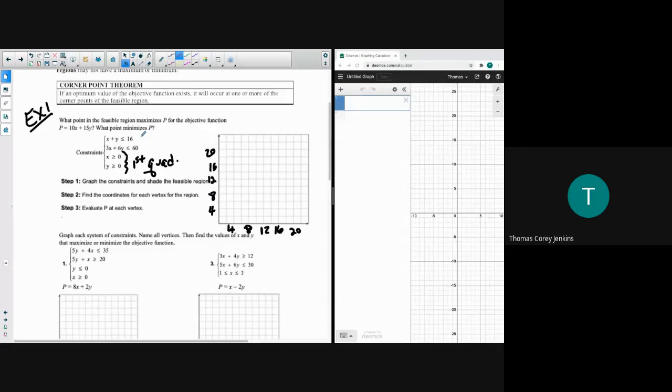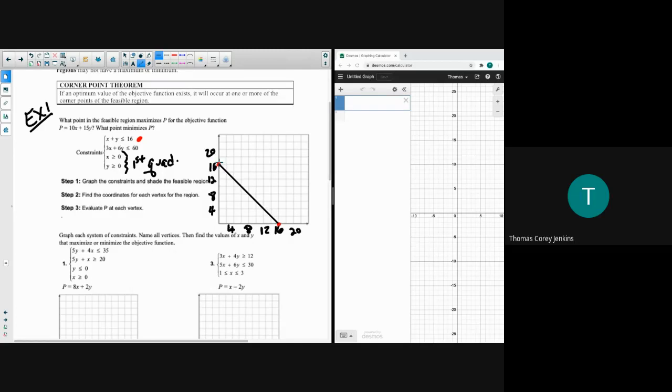Okay, so this one has x and y intercepts of 16. So it goes through, like I just said, 16, 0. It also goes through 0, 16. These are all going to have or equal to. Okay, so it's all going to be solid boundary lines. If it didn't, then the problems wouldn't make sense. I'll try to explain that as we go, why that's true.